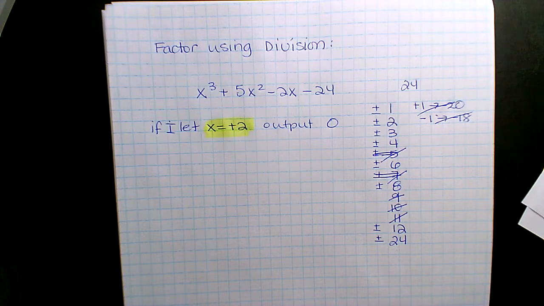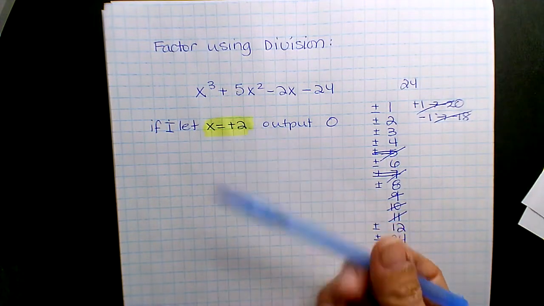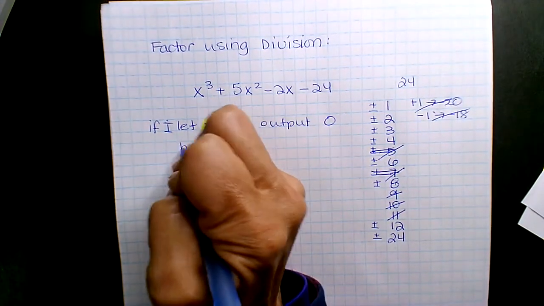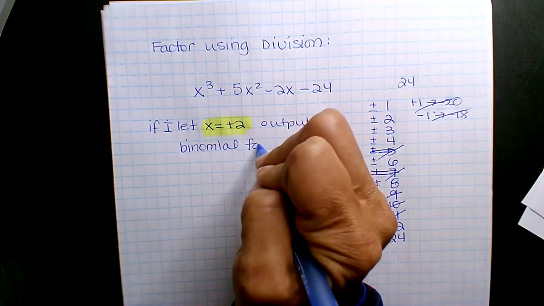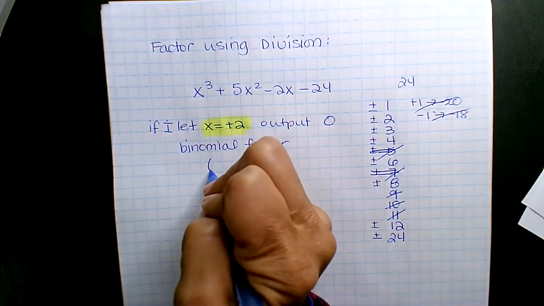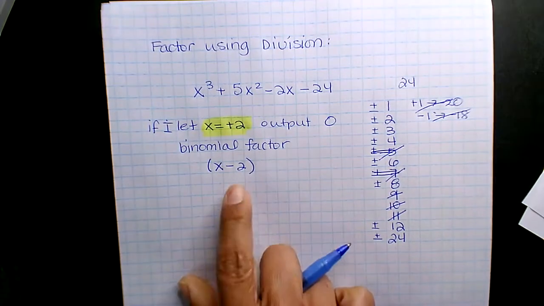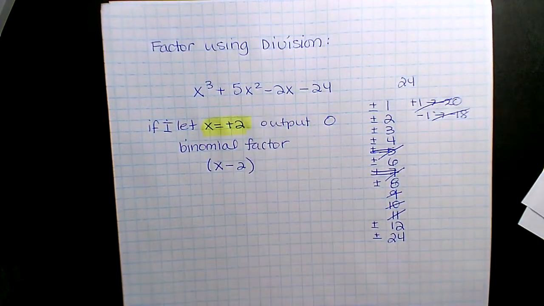Inverse operate it, and what do you get? Inverse operate the 2. Negative 2. So your binomial factor that you're going to divide by becomes x minus 2. And that's what I'm going to divide into there.